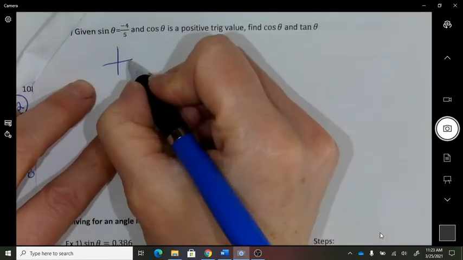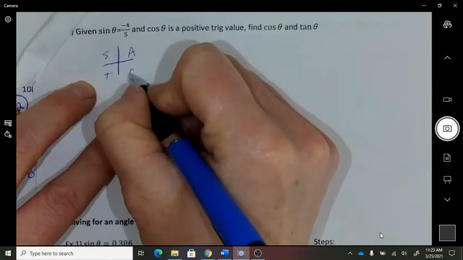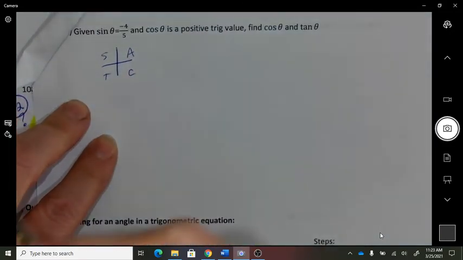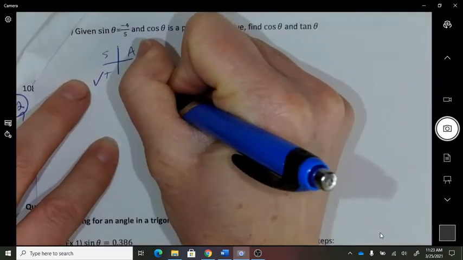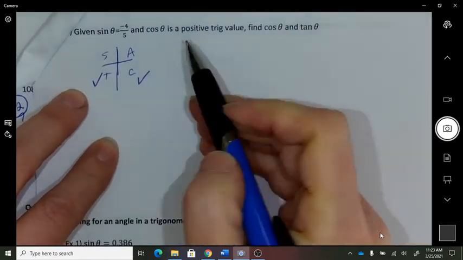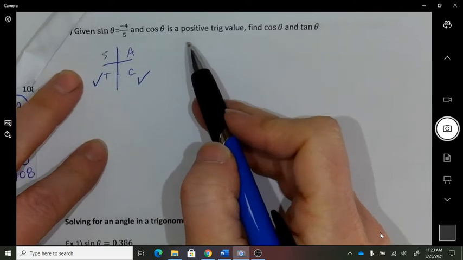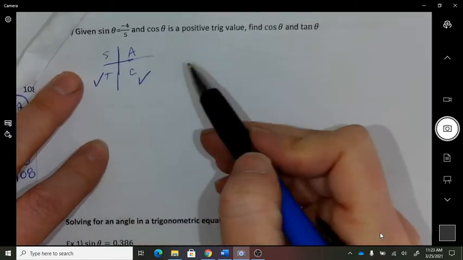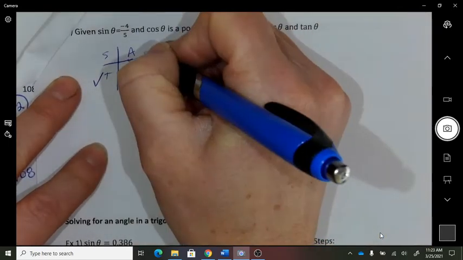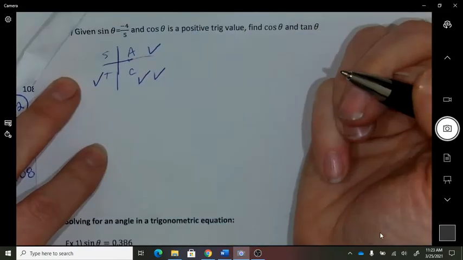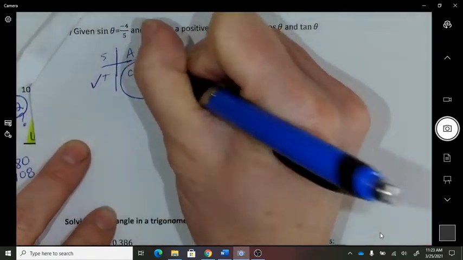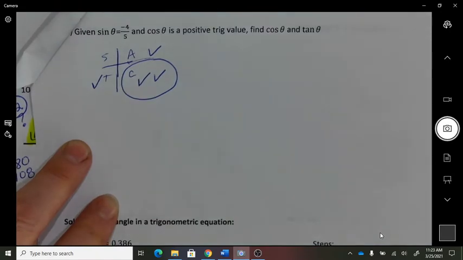Thinking about my ASTC, where is sine negative? It could have been here or here. Then it tells me that cos is positive. So where could I possibly be if cos is positive? I could have been there or there. Now I know I'm in quadrant 4.